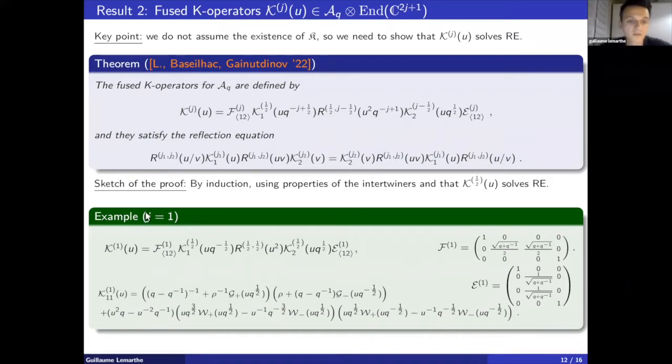Okay, so for instance, for J equal 1, you have this operator here, K1, which is now, for spin 1/2 it was linear in the currents, and now it becomes quadratic. It's J plus, J minus, etc. And F and E take this easy form.